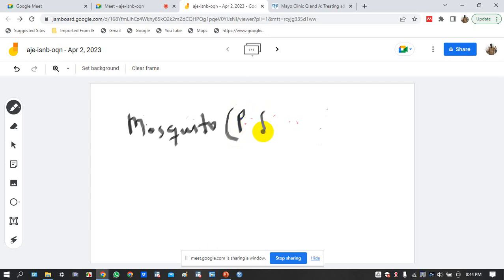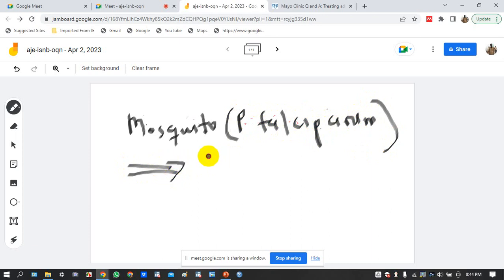Okay, let's say P. falciparum is a risk factor. Thus, it causes the condition called malaria. Do you all agree?